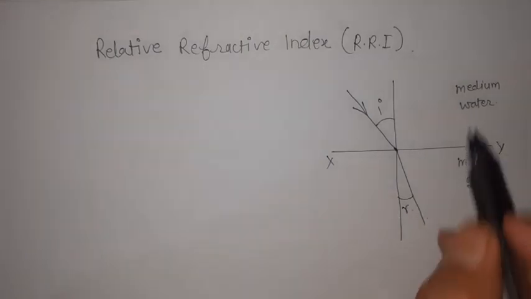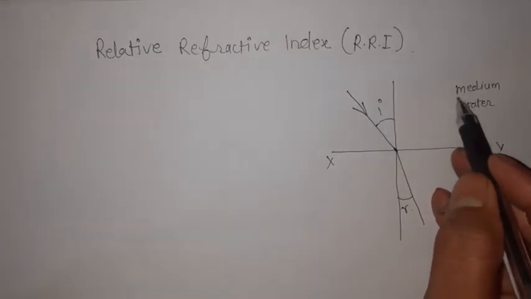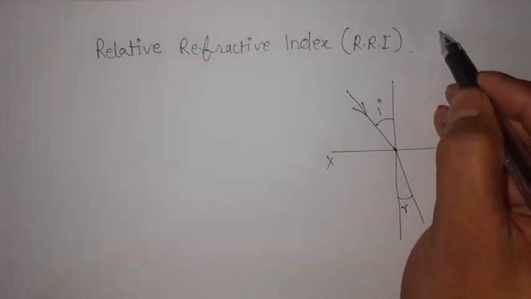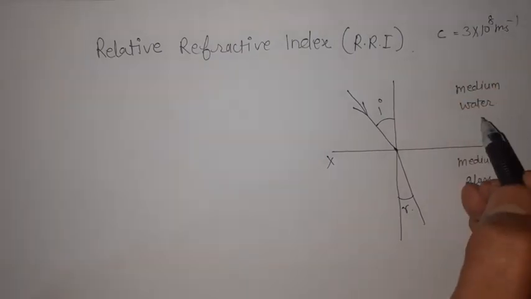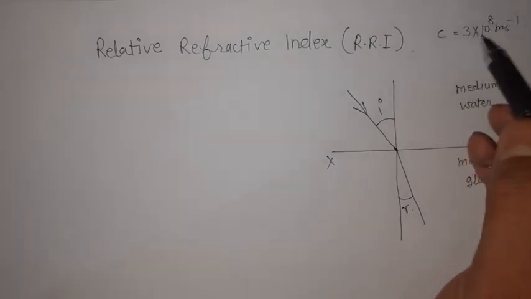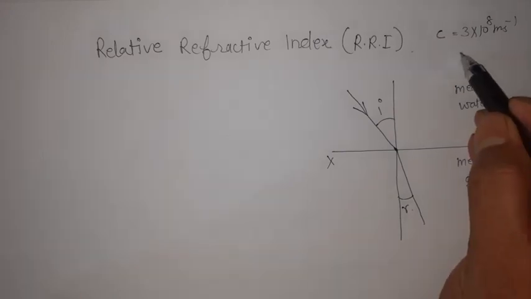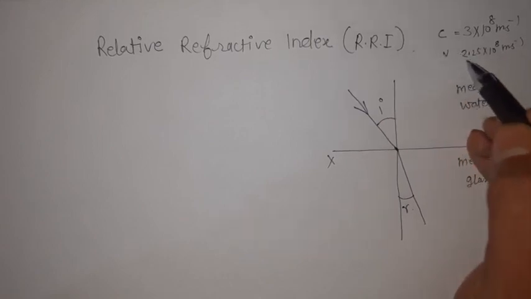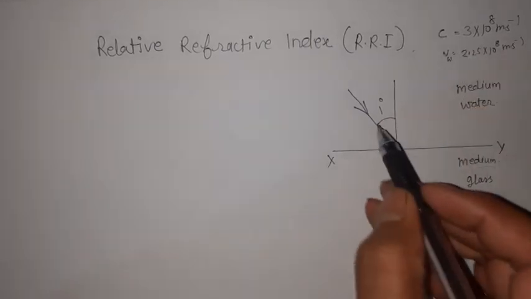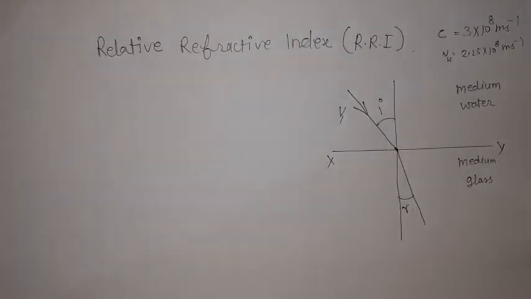Now student, look over here. Suppose the speed of light in water is equal to c, meaning 3 × 10^8 meters per second. Is the speed of light inside water 3 × 10^8 meters per second? No, this is not the speed. Inside water the speed is 2.25 × 10^8 meters per second. This is the speed in water. So I am going to suppose this speed is v1, it is not c, it is v1.